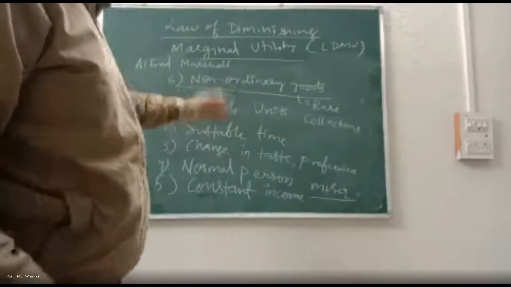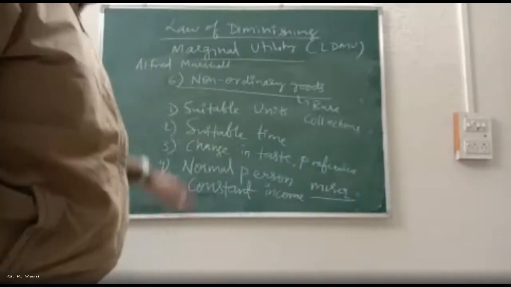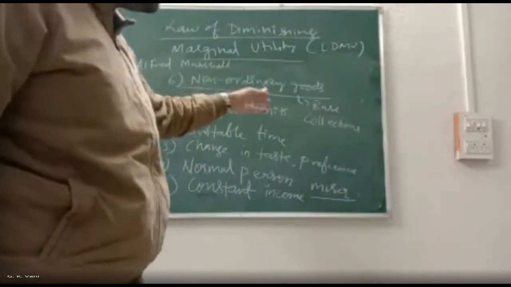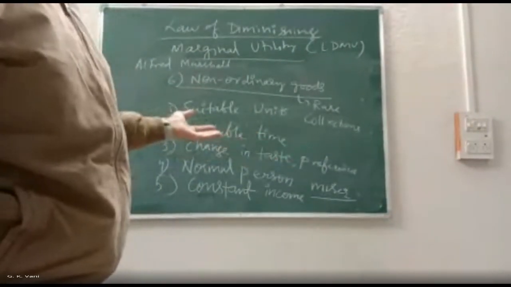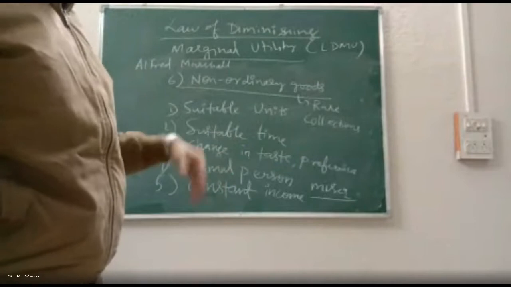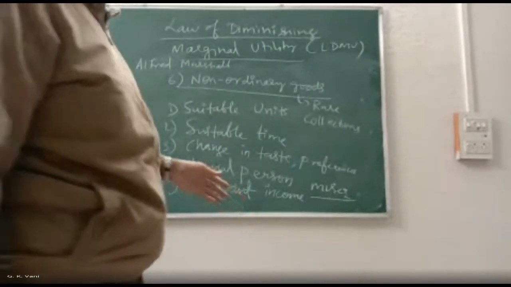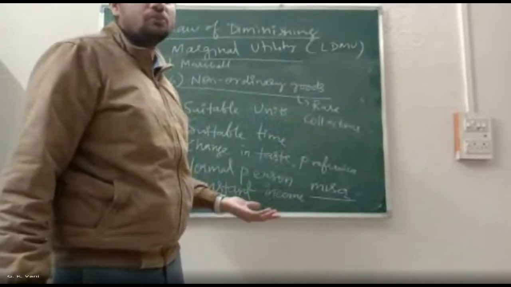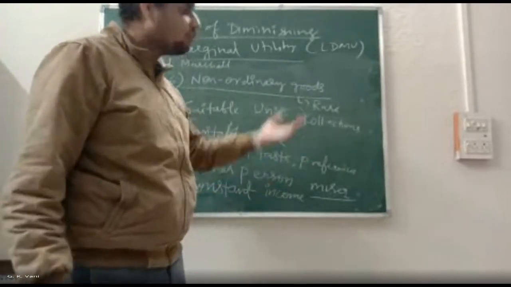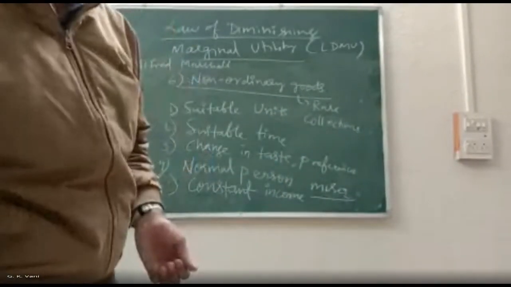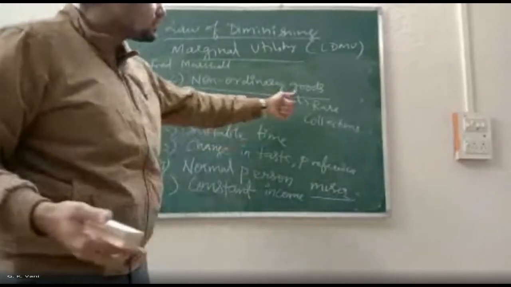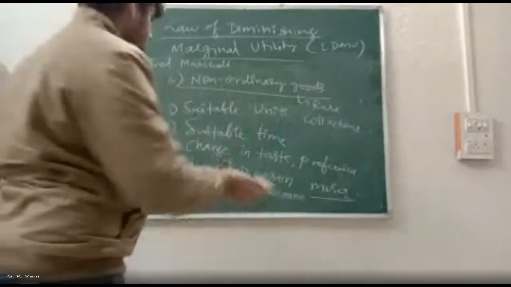For such things, you cannot have this law applicable because only one unit is available in the whole world. Or even if you want rare collection, people want to collect more because collecting more gives them more value, more utility. Utility will never fall from collection. So, bigger the collection, greater the utility. For such things, law is not applicable.